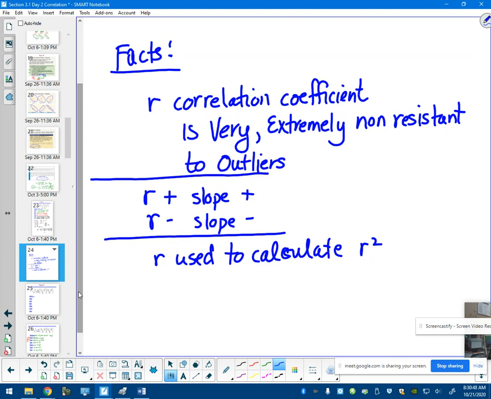So r squared is also non-resistant. And there's a bunch of other things that we'll explore.